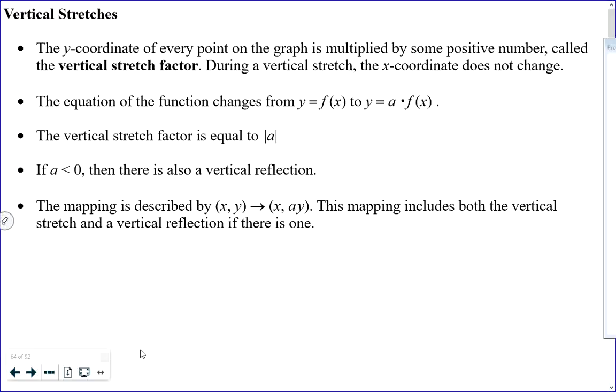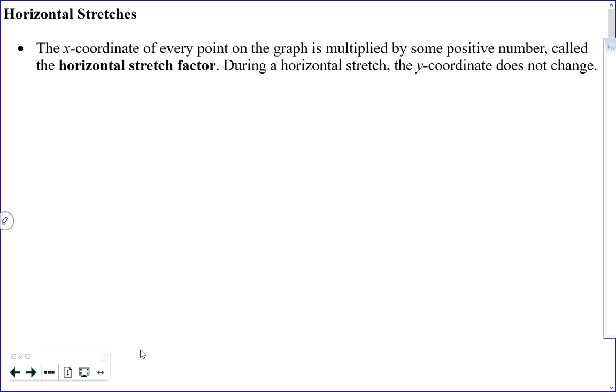If a is negative, we want to multiply y by that negative number, because the negative part of a will flip that point vertically for the vertical reflection, and then the number itself without the negative will be responsible for stretching. X-intercepts are invariant. Horizontal stretches, well, the x-coordinate is multiplied by some positive number called the horizontal stretch factor.